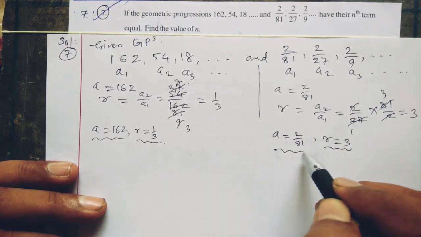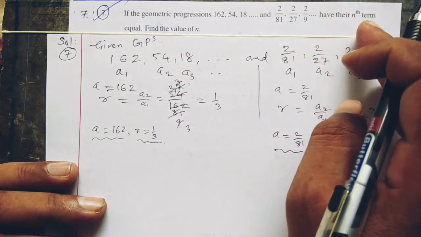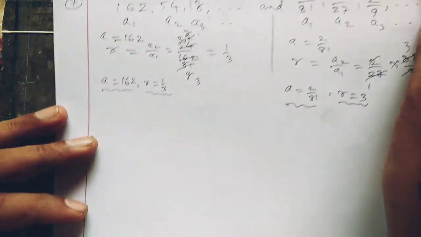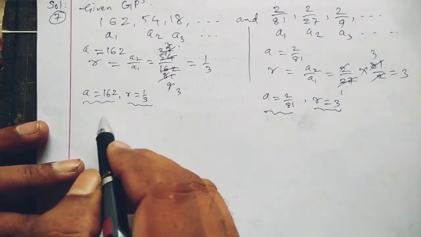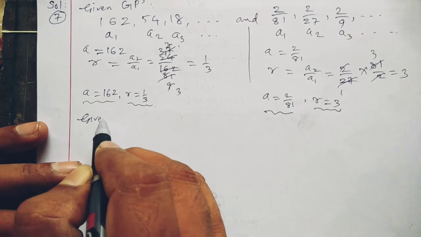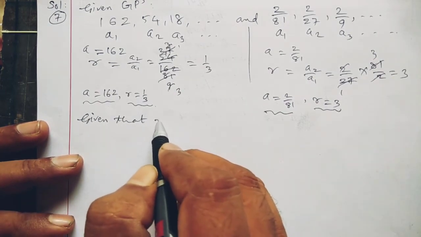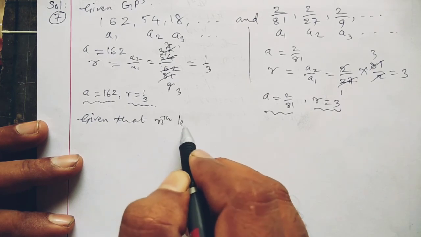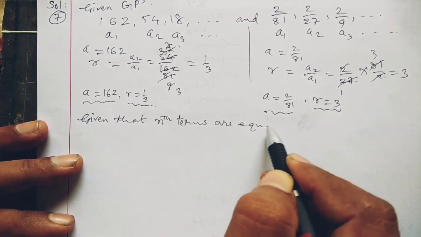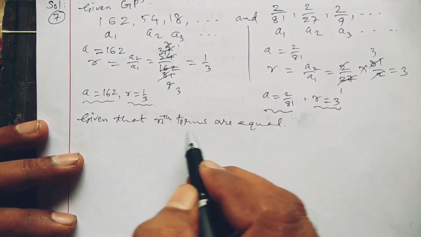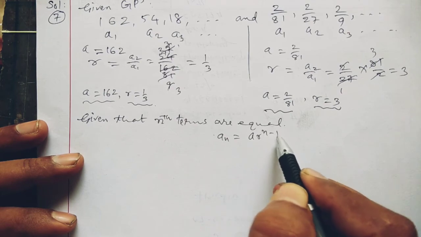These are the two values. Given that their nth terms are equal. The nth term means an is equal to a r to the power of n minus 1.